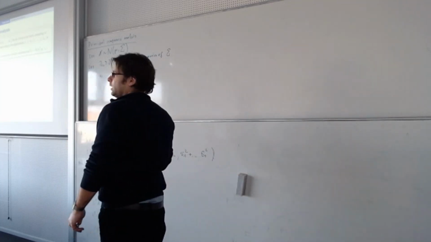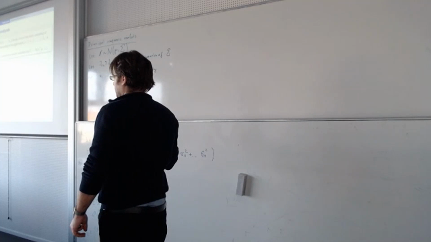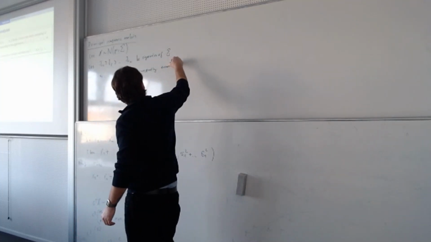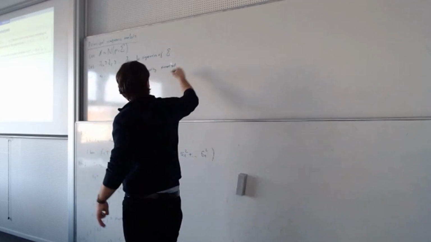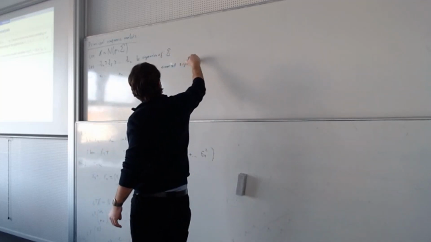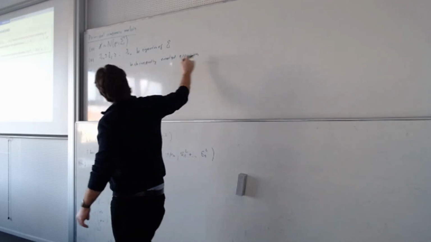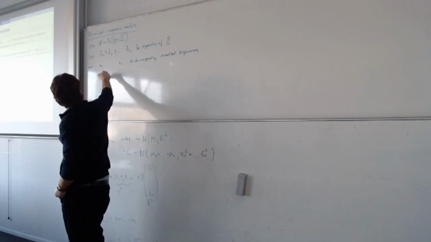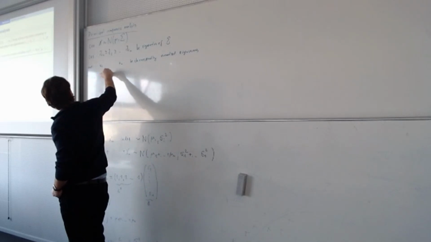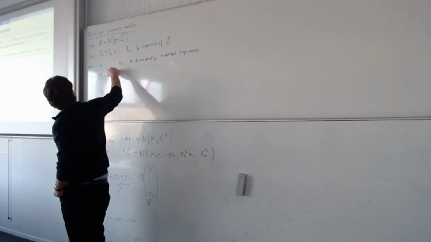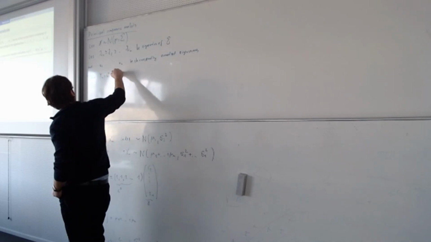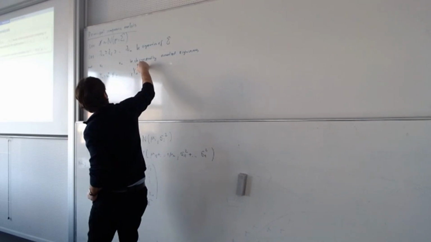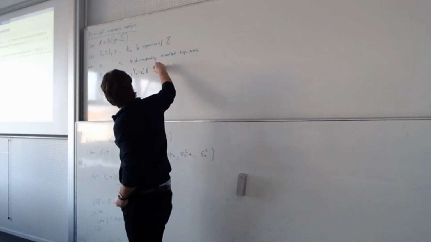And let them be normalized so that they have a length of 1. Then the variables y1, which is v1 times x, y2, y3 up to yn, which is vn times x.